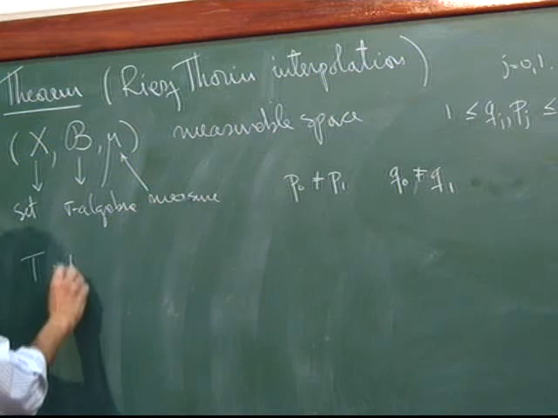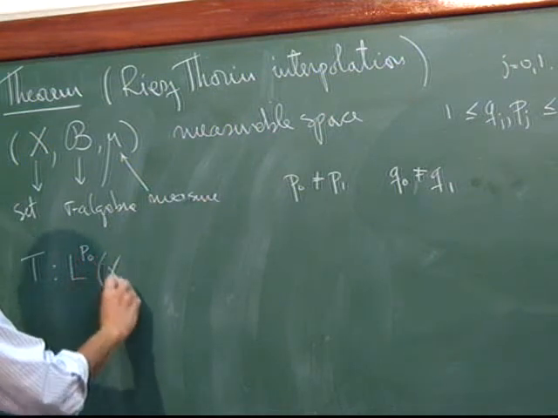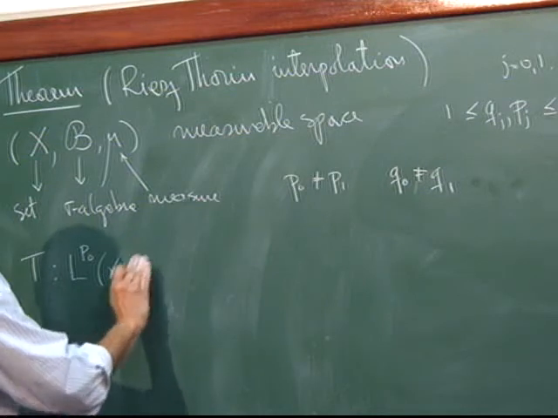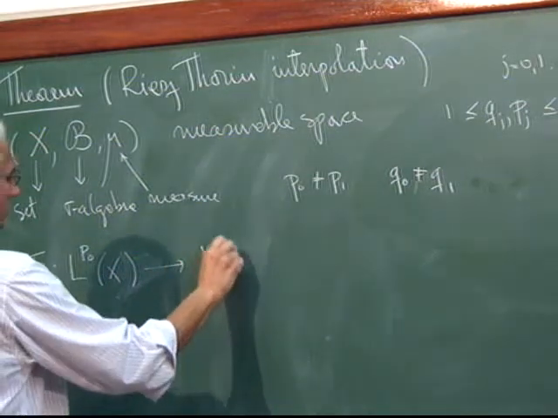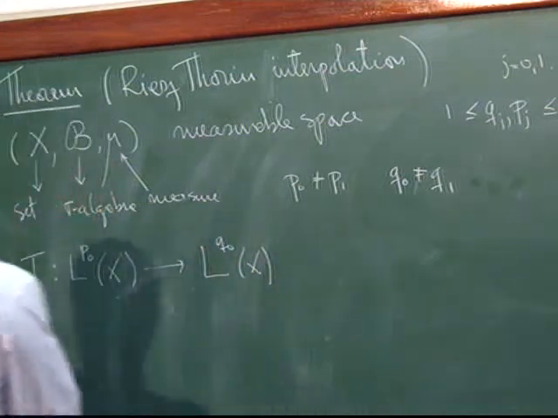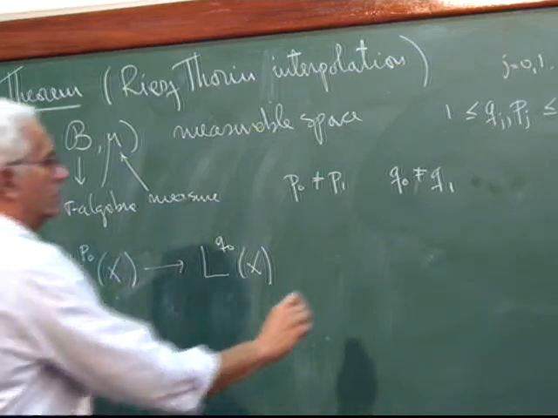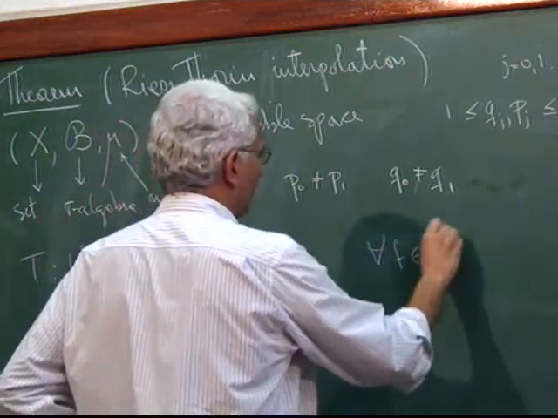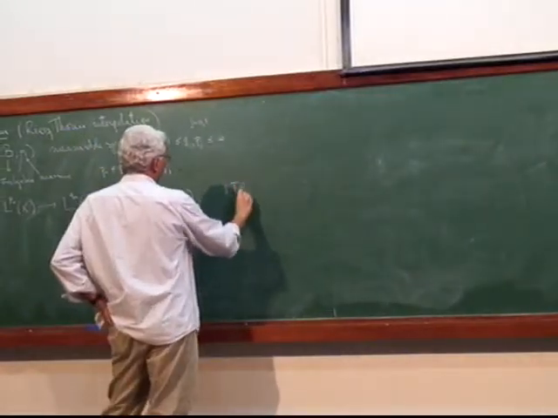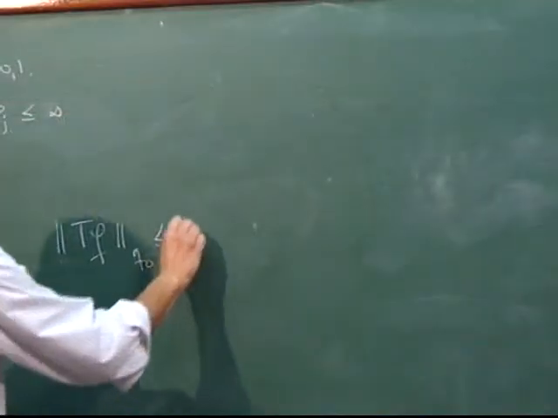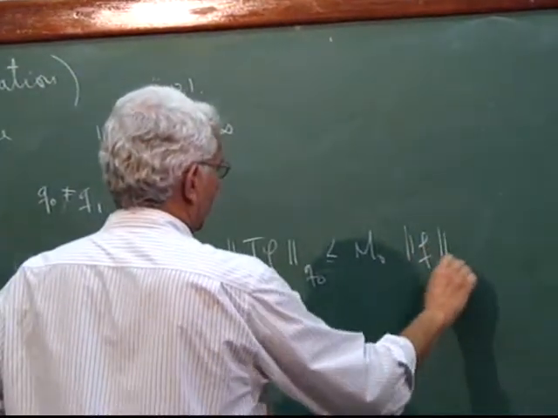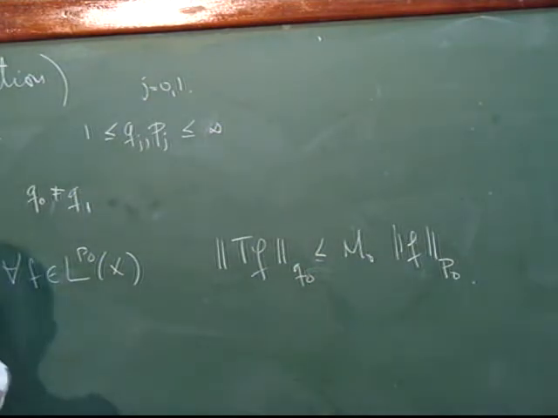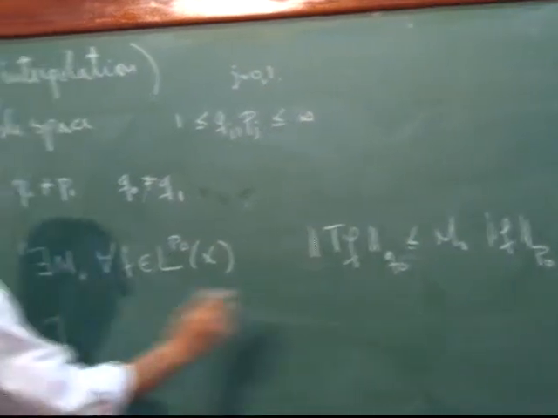If T goes from L^p0 into L^q0, and for all f in L^p0, the norm of T of f in L^q0 is less than this constant times the norm of f, and suppose that T is continuous, or is bounded, it means exactly this.